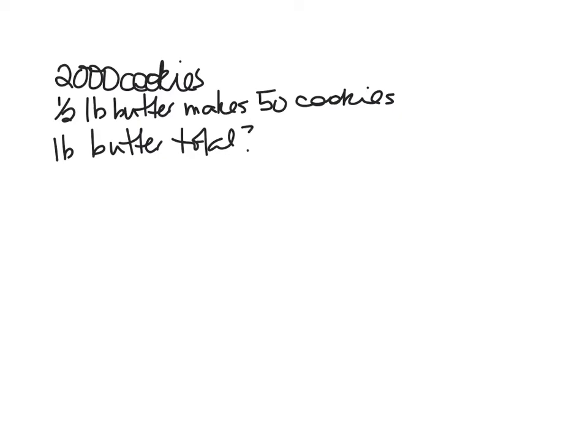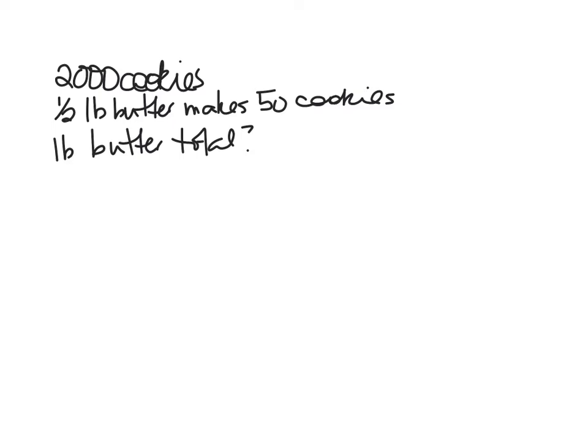So basically what you're going to do is set this up as a ratio. You can do this math in your head. 2,000 cookies, 50 cookies, times half a pound of butter tells you how many pounds of butter you need. So you can do that. But if I said, show me, write it down, would you be able to?